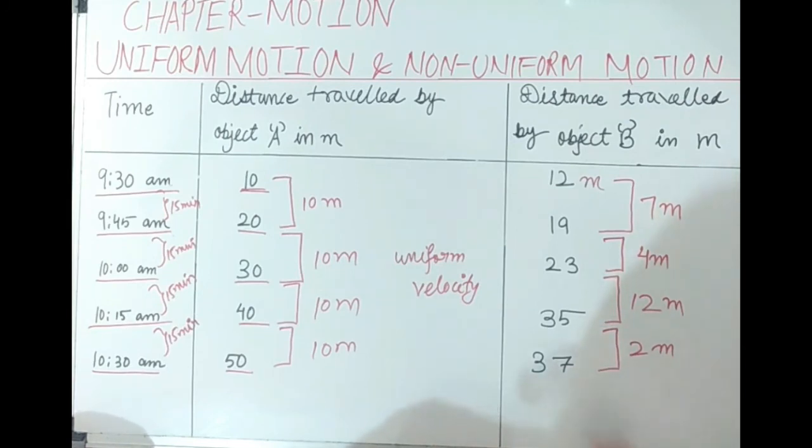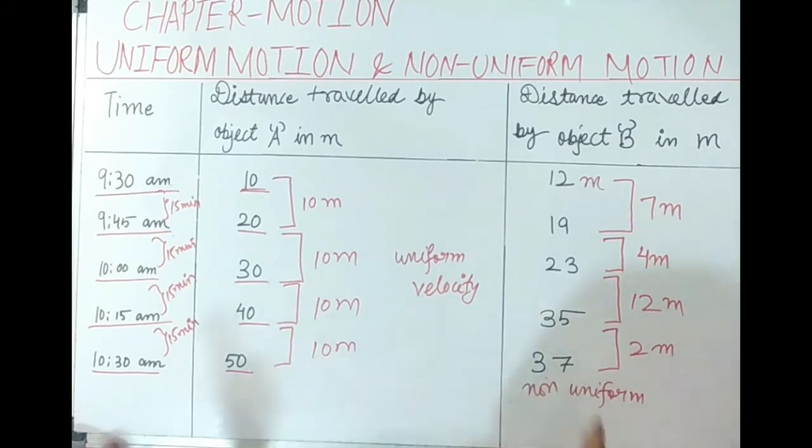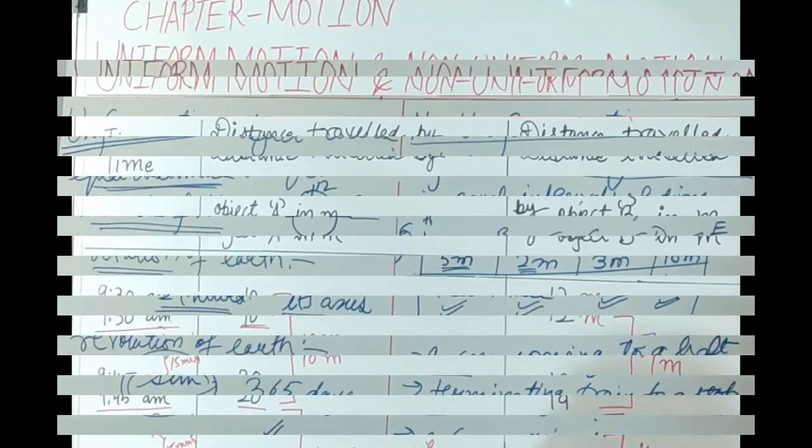And this is nothing but the definition of non-uniform motion. So here we have compared uniform motion and non-uniform motion with the help of this table which is given in the NCERT book. You can mention this table in your exam also to compare uniform and non-uniform motion.